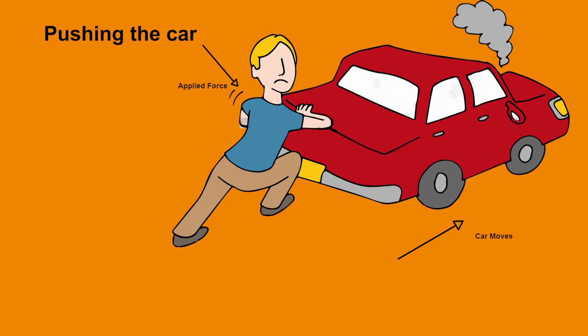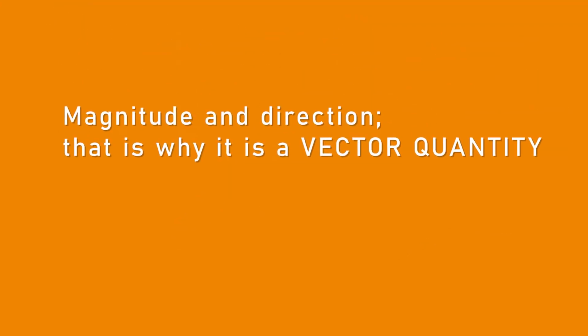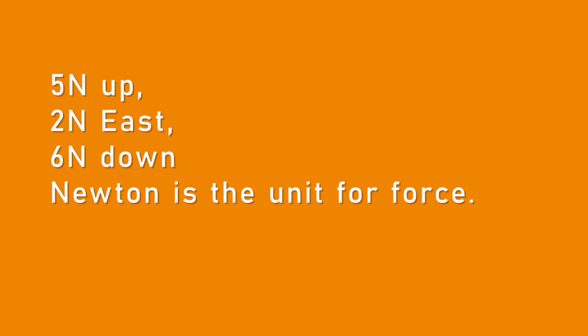The force exerted on the object has a magnitude and direction. That is why it is a vector quantity. Examples: 5 newtons up, 2 newtons east, 6 newtons down. Newton is the unit for force.